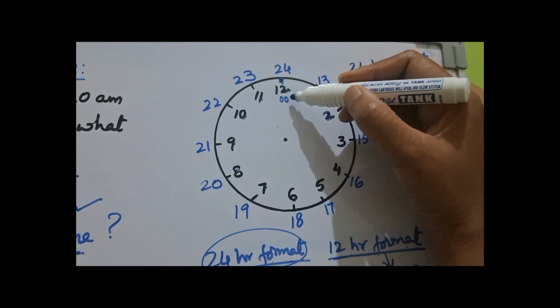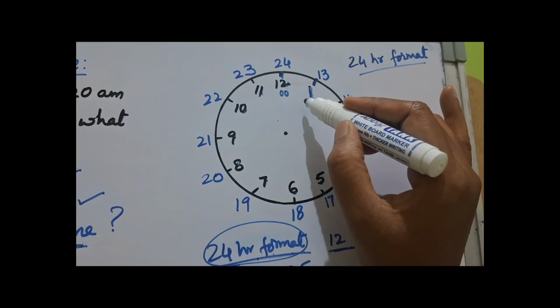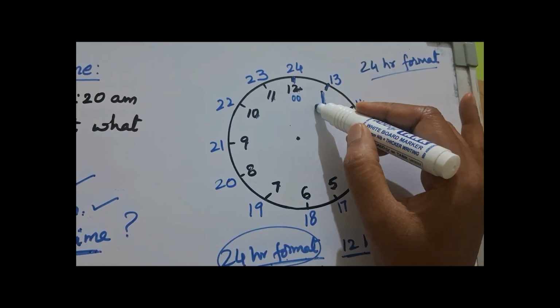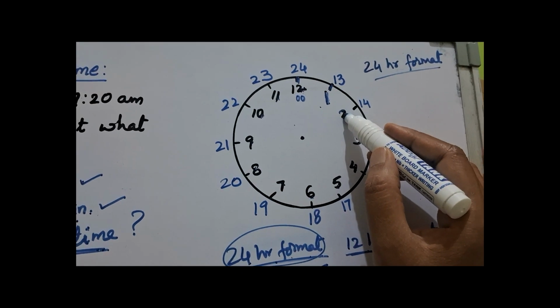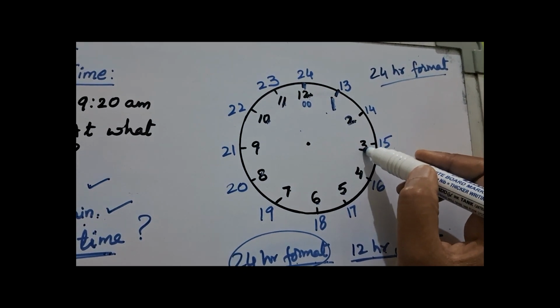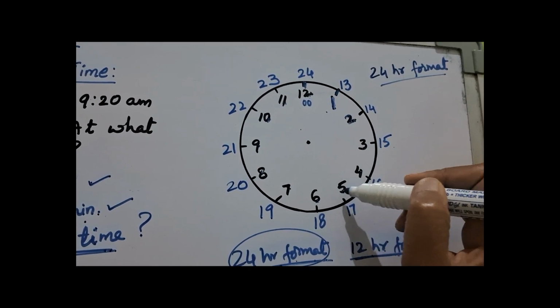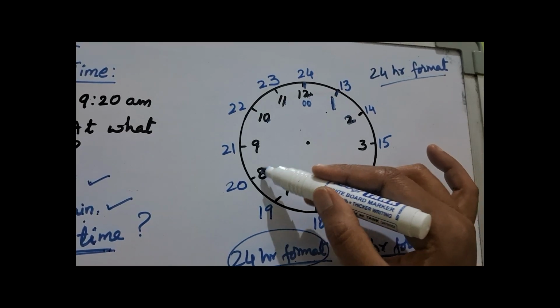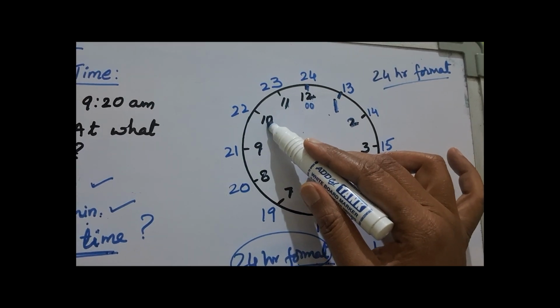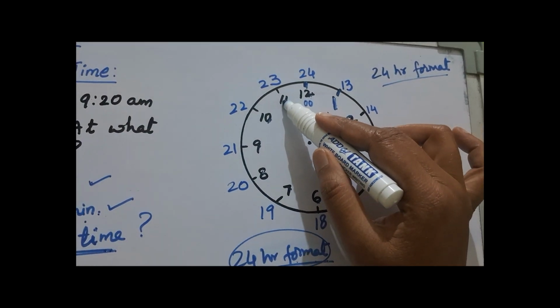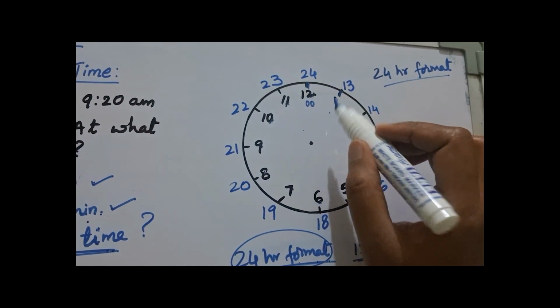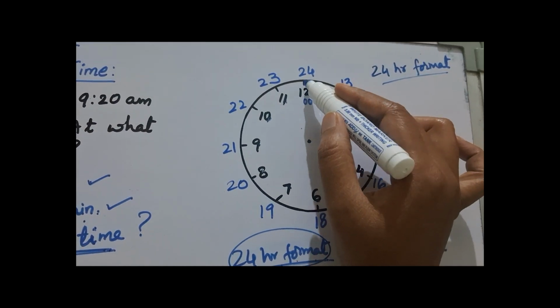And this will be 1 hour, this will be 2 hours, 3 hours, 4, 5, 6, 7, 8, 9, 10 hours and 11 hours. And this will be 12 hours, children. 12 hours is the midday.